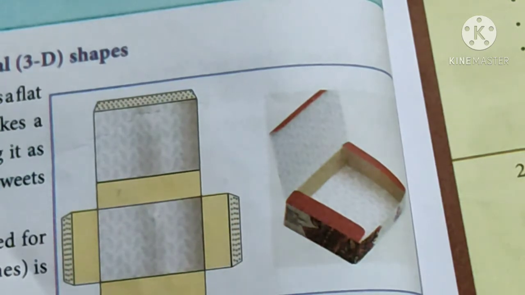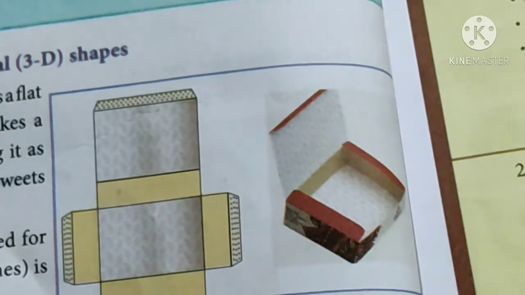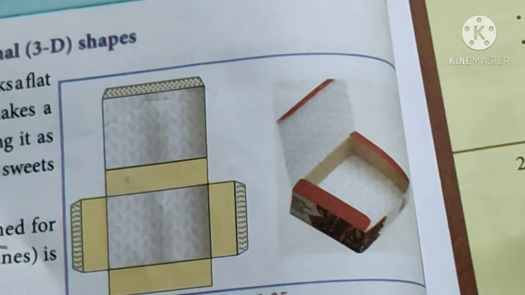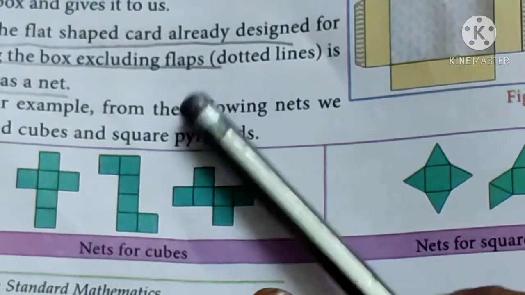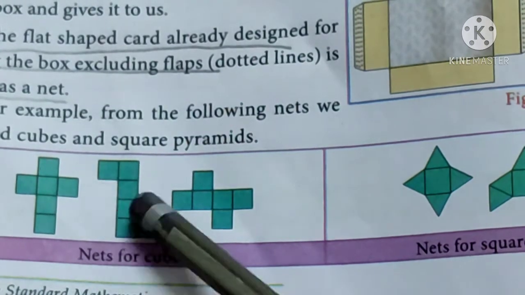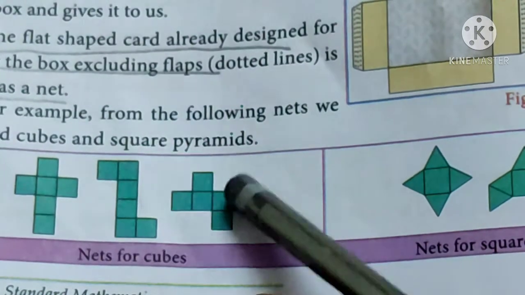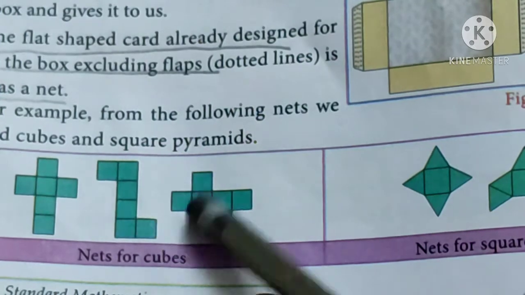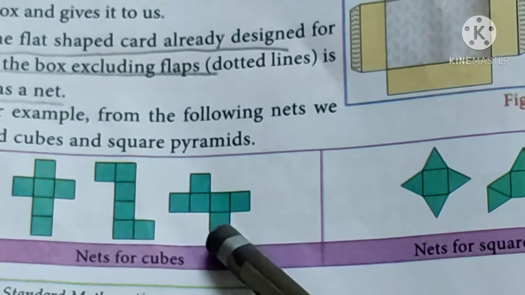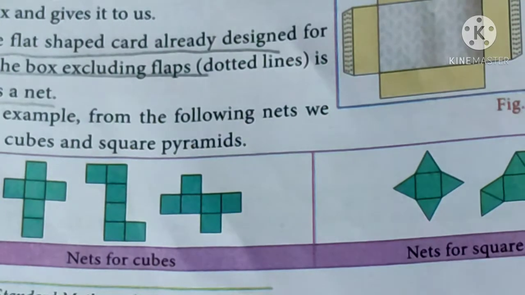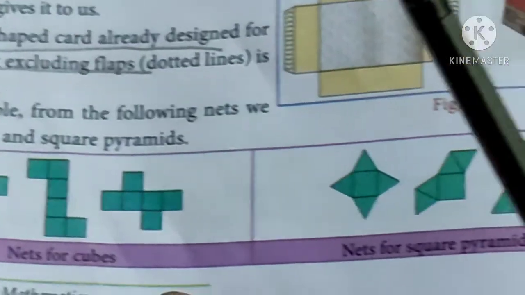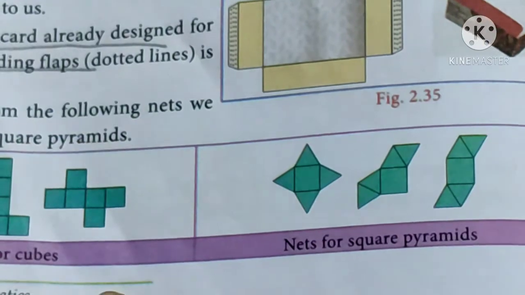For example, from the following nets, we can build cubes and square pyramids. We use this net for cubes, and this shape makes a cube. Here we use this net shape to get square pyramids.